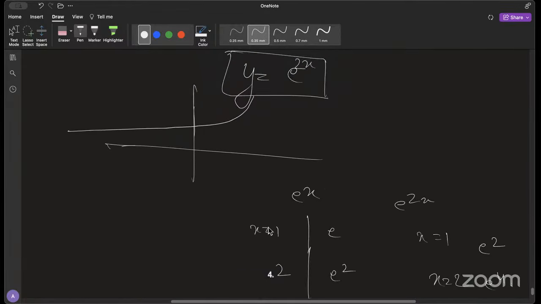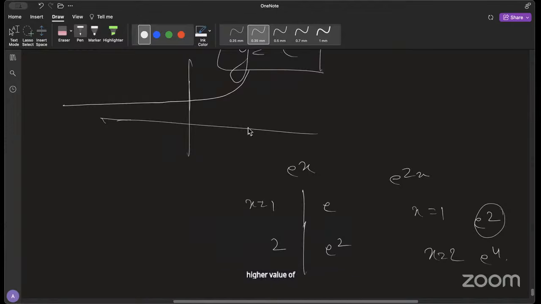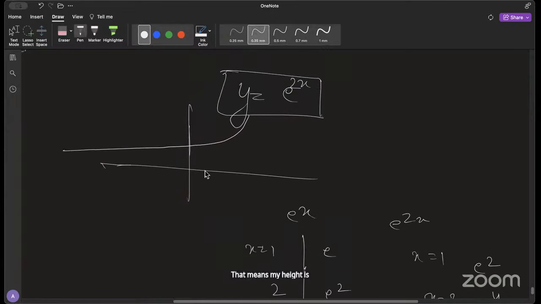Now this means for the same values of x, I get a higher value of y, right? My y is more than this y. That means my height is increasing for the same value of x. So it should be here, right? This point will remain the same.